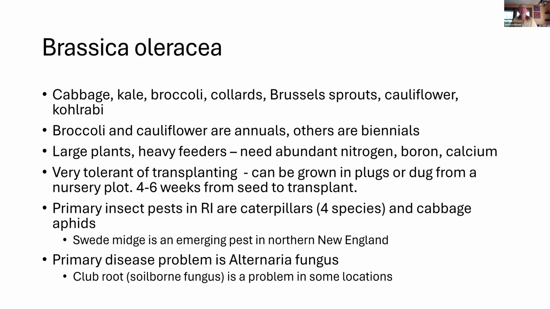The primary disease problem on Brassica oleracea here is the alternaria fungus. There are actually 3 different species of this fungus, and it infects leaves and also the heads of broccoli and cauliflower. Alternaria can be seed-borne, but it also spreads on the wind, and it's a particular problem, again, with fall crops where you've got that humid, moderate climate.